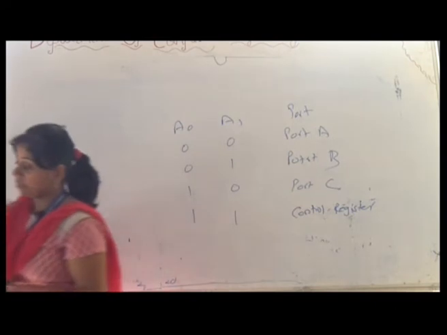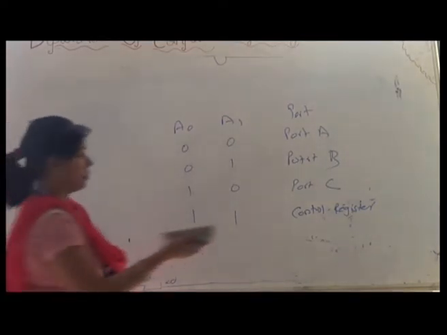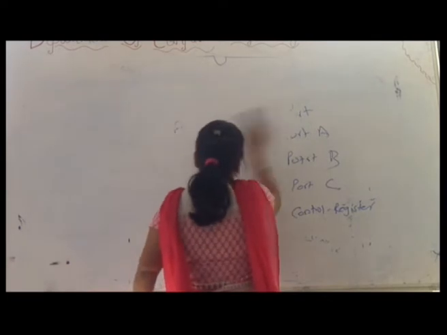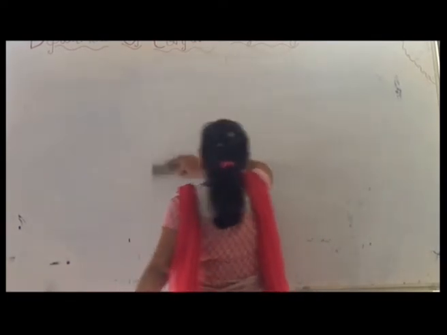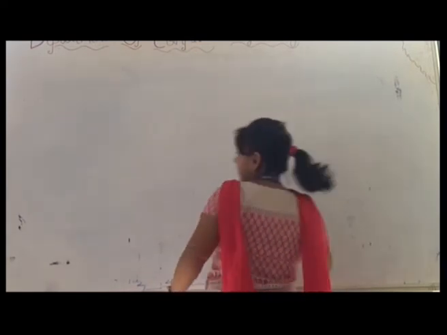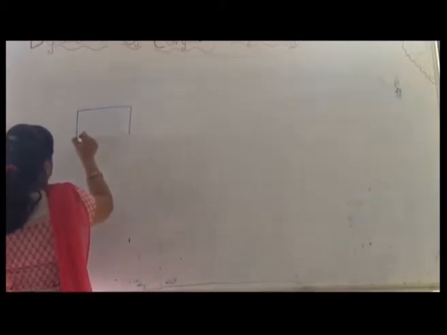Now after the pin configuration, we will discuss the block diagram of the 8255. First I will draw the block diagram, then we will discuss each and every block of the 8255 in detail. First I will draw the data bus buffer.